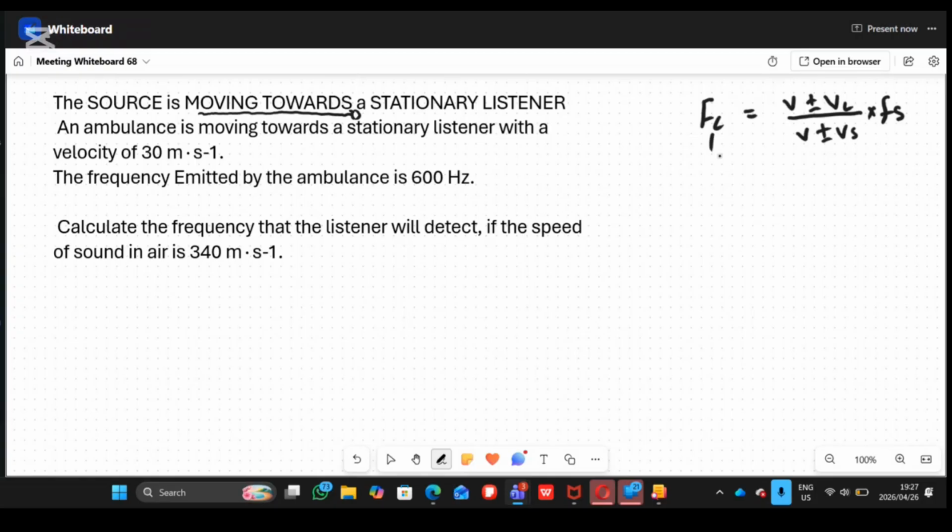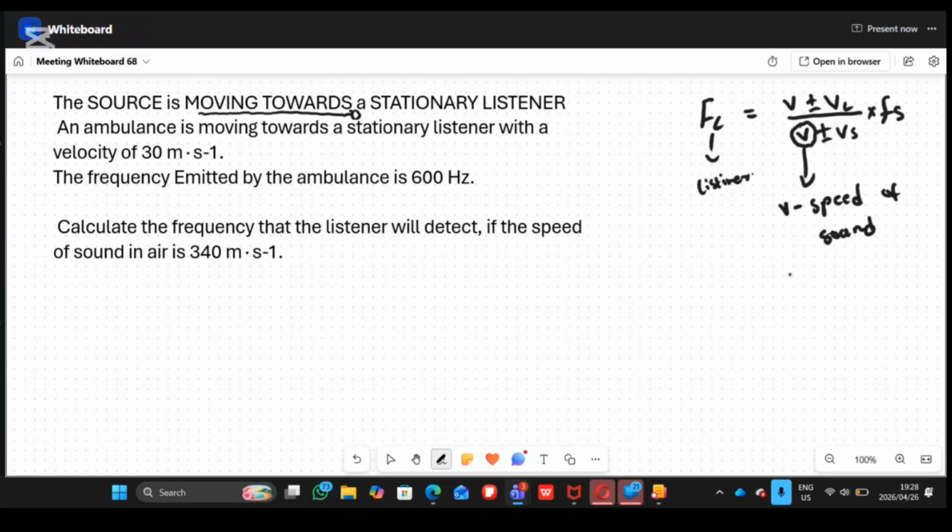So this one is just frequency of the listener. But the only important thing in this formula is this one, the velocity, this V. This is speed of sound. So if I ask you, what is the speed of sound?